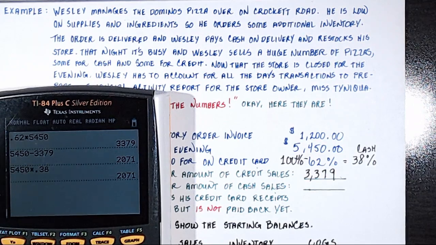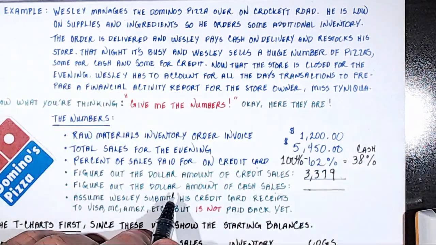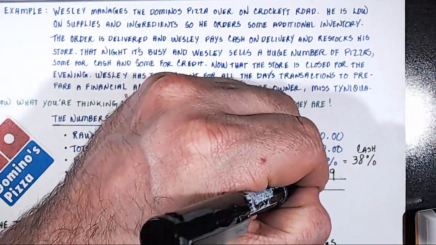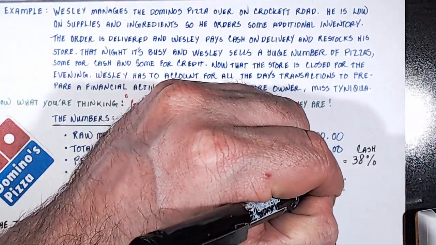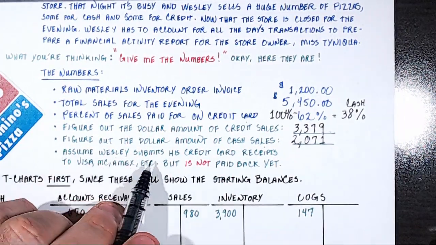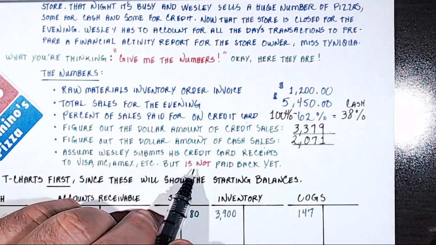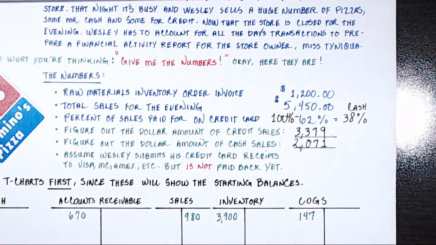And you get the same answer, $2,071 paid for in cash. So the total dollar amount of cash sales would be $2,071. It says here, assume Wesley submits his credit card receipts to Visa, MasterCard, Amex, etc., but is not paid back yet. So that'll become relevant later.